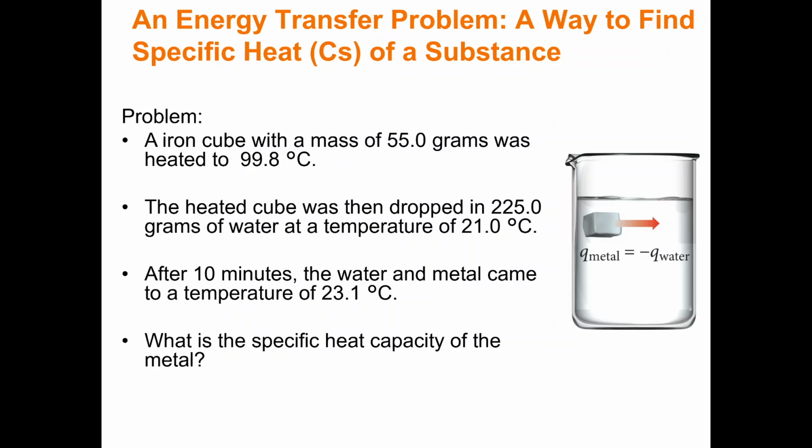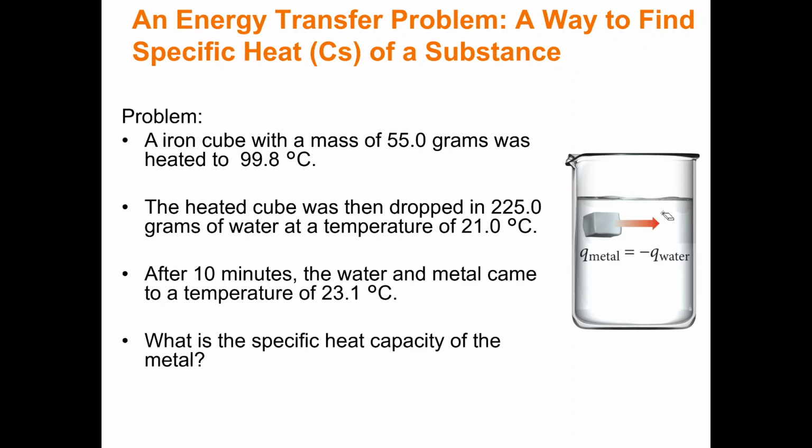Okay, so how can we solve this? What we need to know first is that the Q of the metal is equal to the opposite of Q of the water.